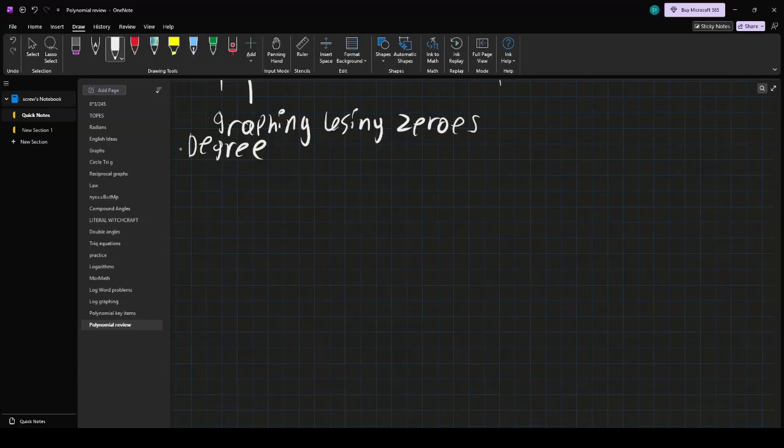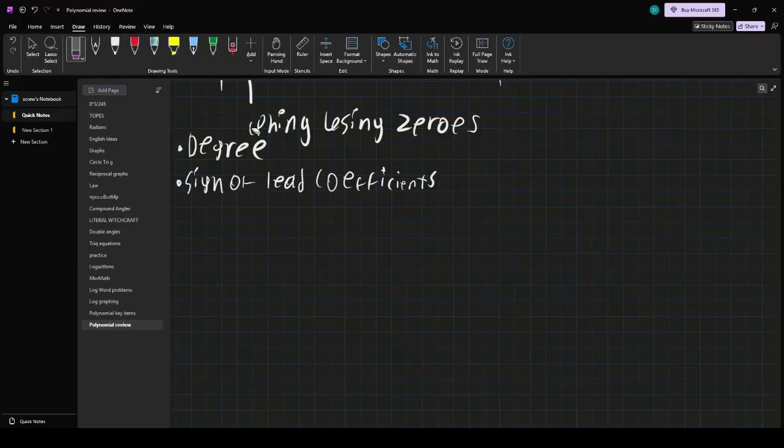The second thing we need is the sign of the leading coefficient.